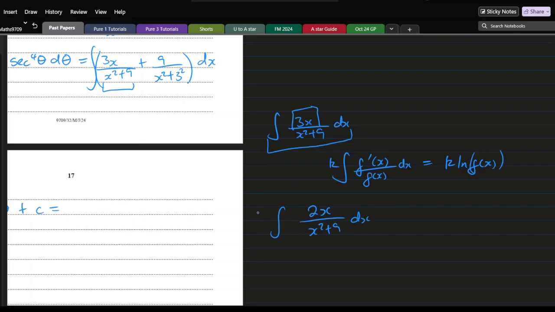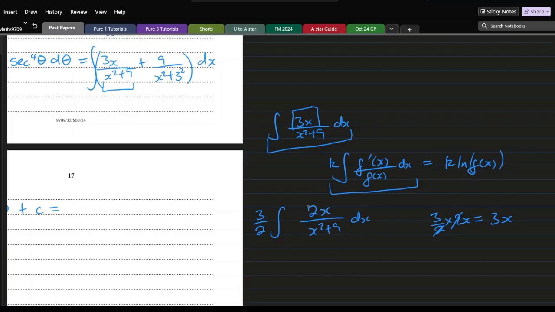So I'm going to put a 3 over 2 outside the integral sign, because if we say 3 over 2 multiplied by 2x, these 2's cancel out and we get our original numerator of 3x. The reason I've done this is so that we have this in the form k f prime of x over f of x with respect to x, because if you differentiate x squared plus 9 you get 2x, right?